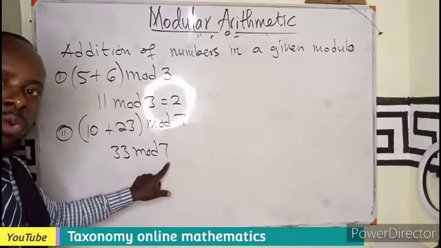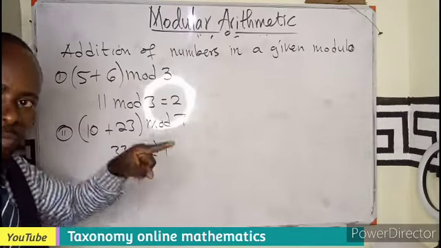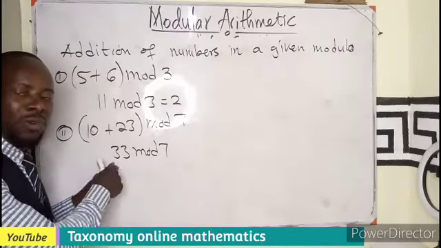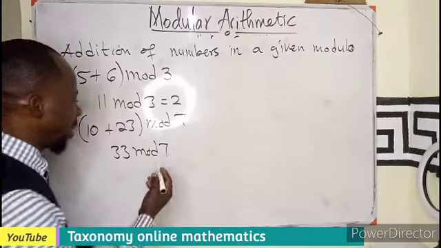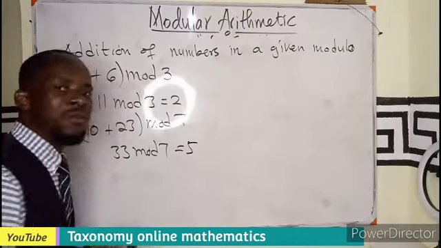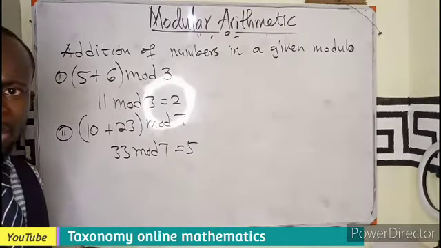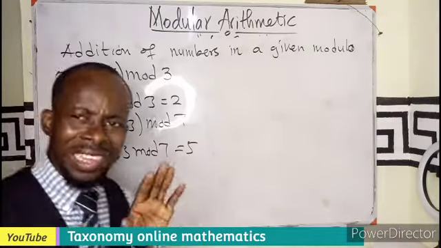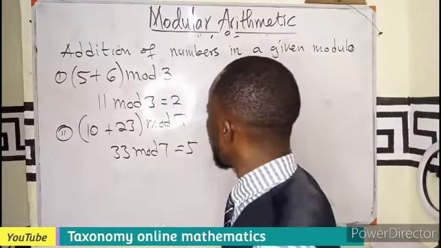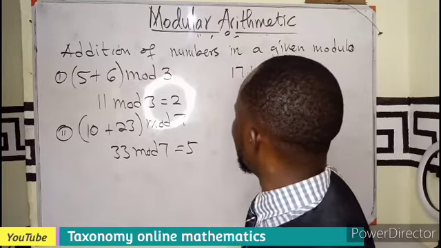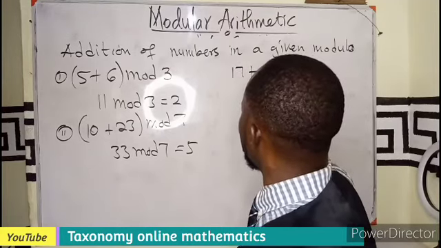So I'll stand on 4. 7, 4, 28. Take away 28 from here. Then your answer is just going to be 5. Are you with me?